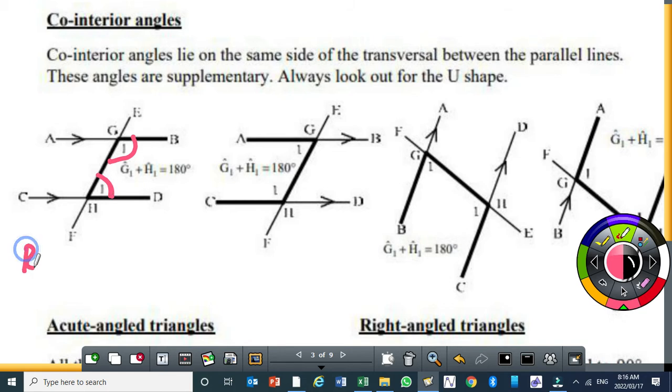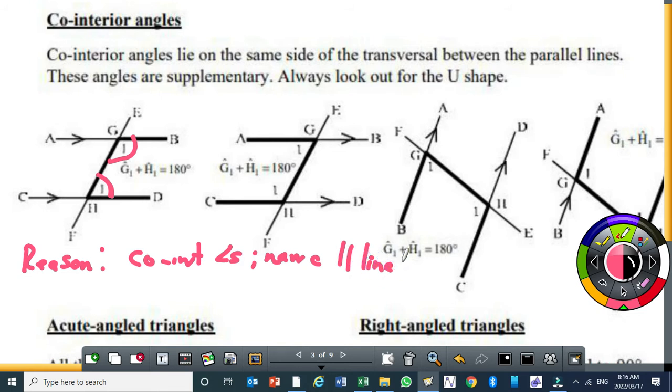So when you write the reason for co-interior angles, your reason will be co-int angles, then you name the lines that are parallel. Like in this case here, it will be G1 plus H1 equals 180 degrees. Your reason will be co-interior angles, and then you state that AB is parallel to CD.